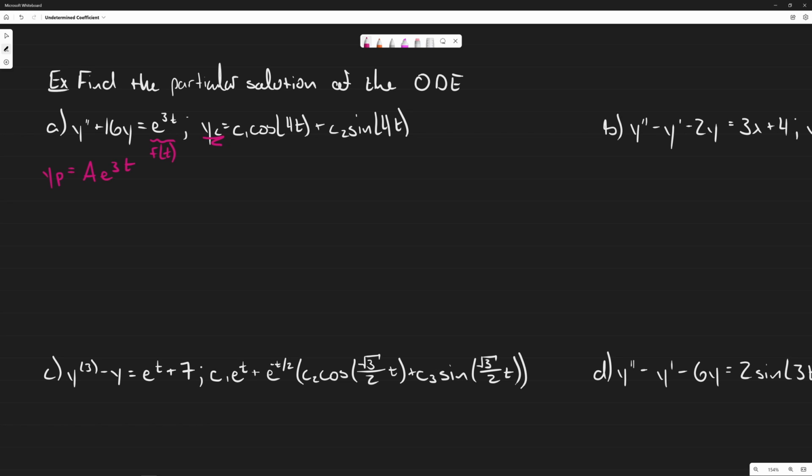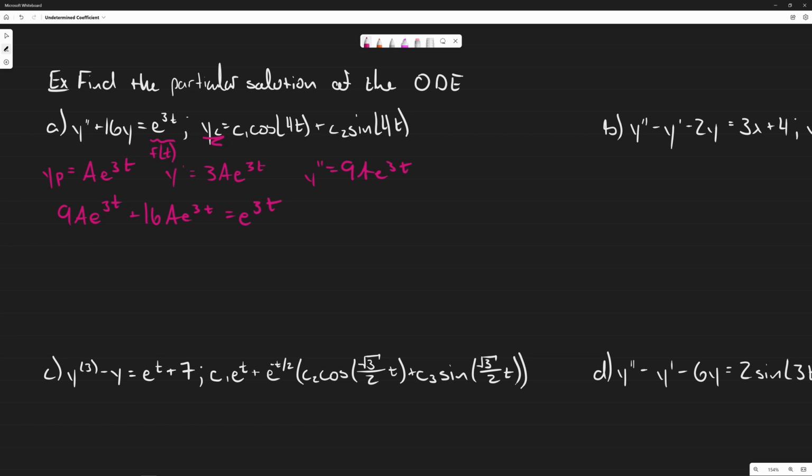When you take the derivatives, y prime would just be 3a e to 3t, and then y double prime will be 9a e to 3t. We're now going to plug it into the original equation. So our ODE will now be 9a e to the 3t plus 16a e to 3t equaling e to 3t.